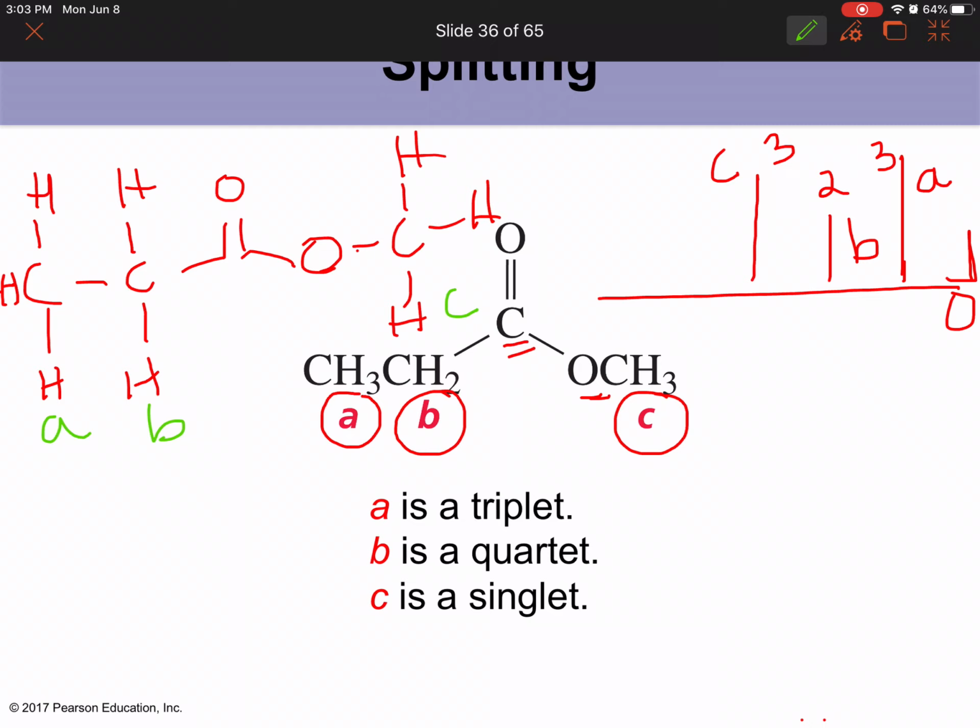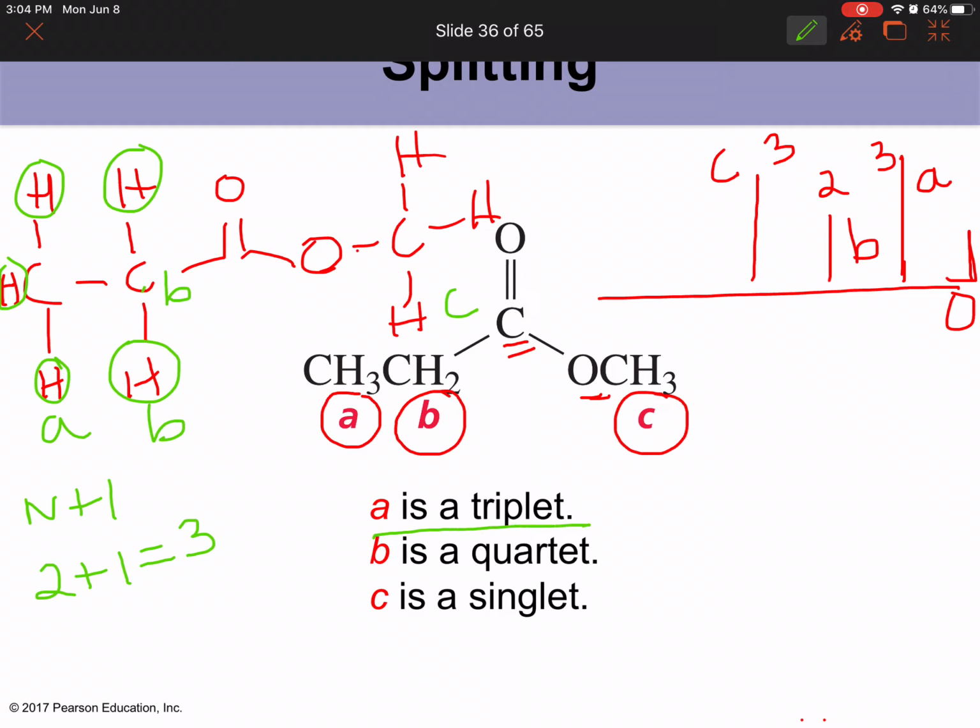Now there are 3 hydrogens on carbon A, directly attached to a carbon carrying 2 hydrogens. So the A hydrogens are going to split N plus 1 due to the hydrogens on carbon B. There are 2 hydrogens on carbon B, so 2 plus 1, 3. We call it a triplet. So the A hydrogens are going to split into a triplet. Now what about B?